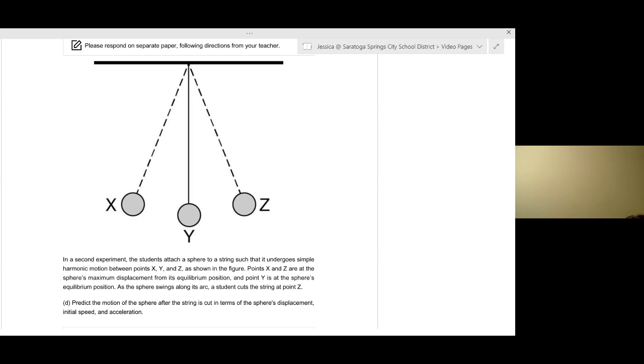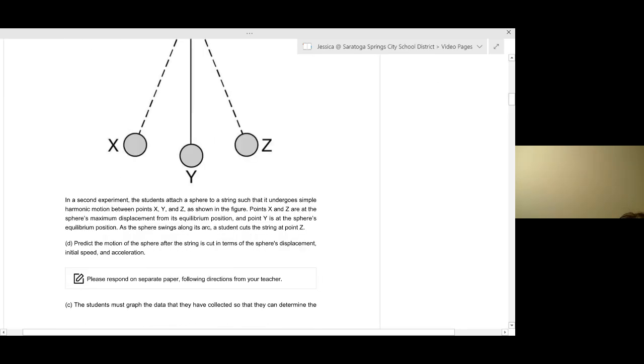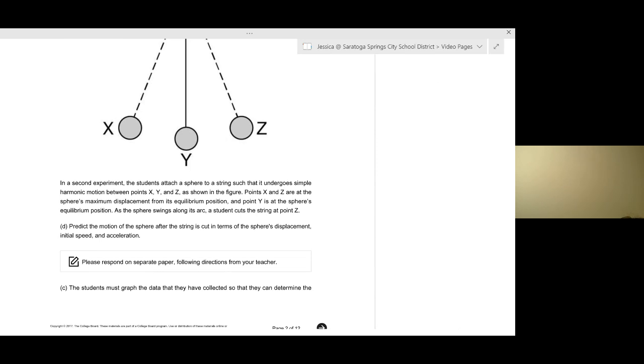As the sphere swings along its arc, the student cuts the string at point Z. Predict the motion of the sphere after the string is cut in terms of the sphere's displacement, initial speed, and acceleration. Okay, so let's think about this.